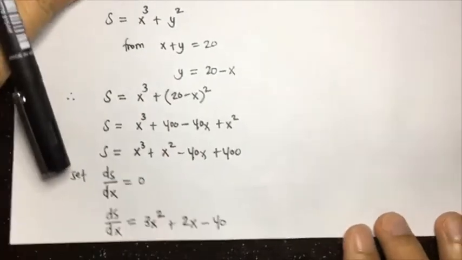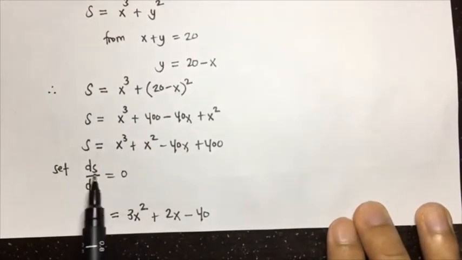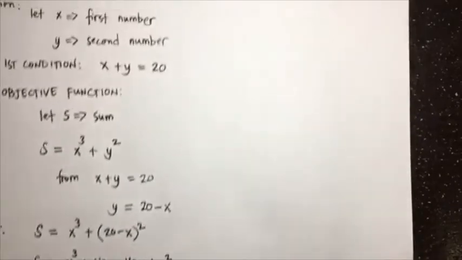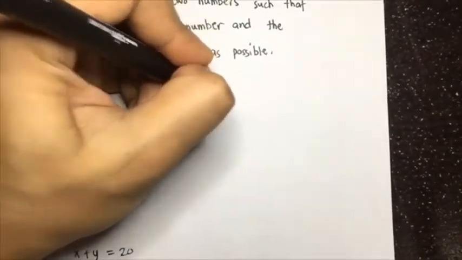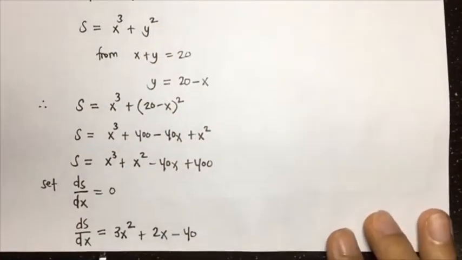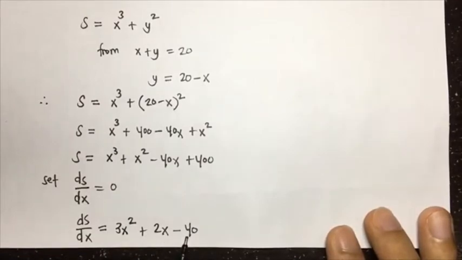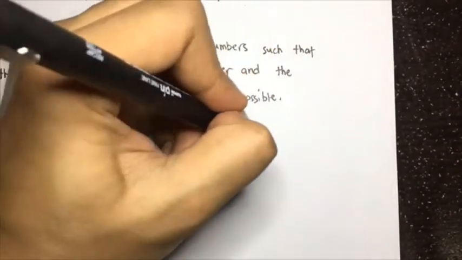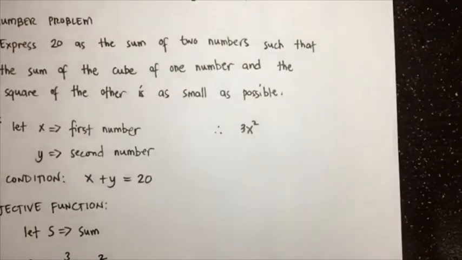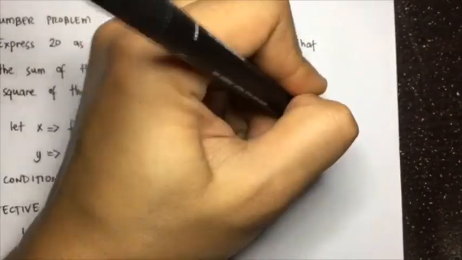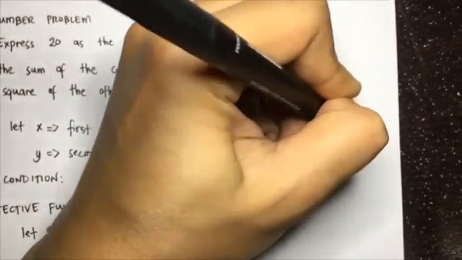Since we set the derivative to 0, we can solve it here. Therefore 3x squared plus 2x minus 40 is equal to 0.